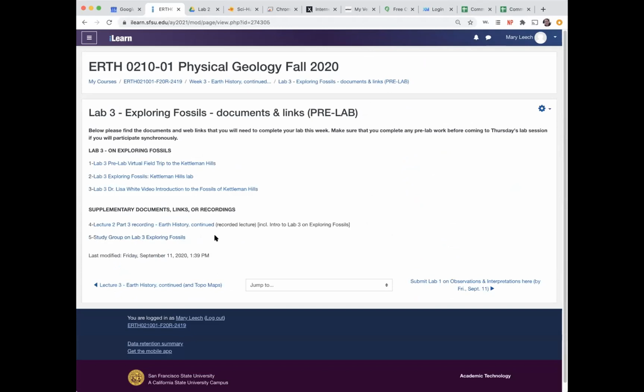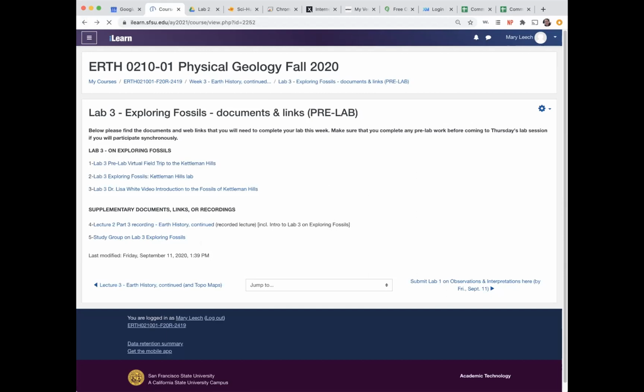Study, okay, so there was a study group in which I answered some questions on exploring fossils. There's also, yes, an intro to the lab on exploring fossils. So I talk about it here and I talk about it here. These are all the things you need to do the lab, but if you need extra explanations, this is where you go. So that was all in the Lab 3 folder.